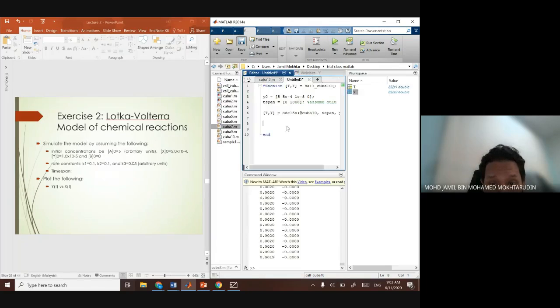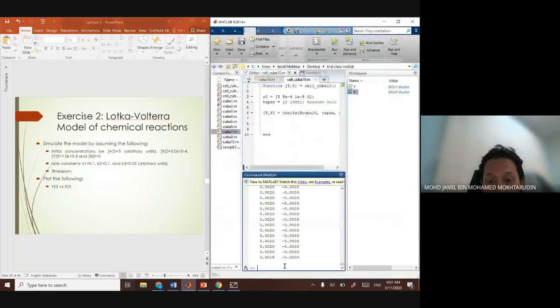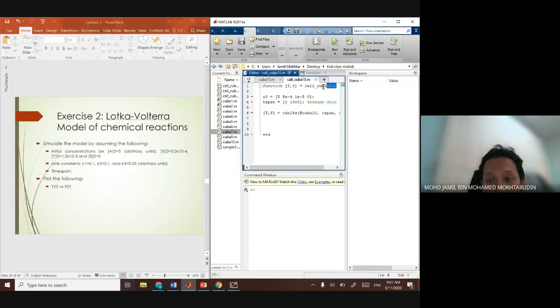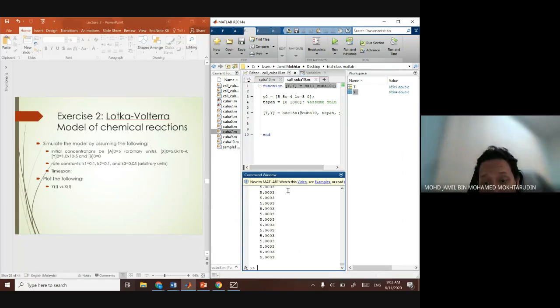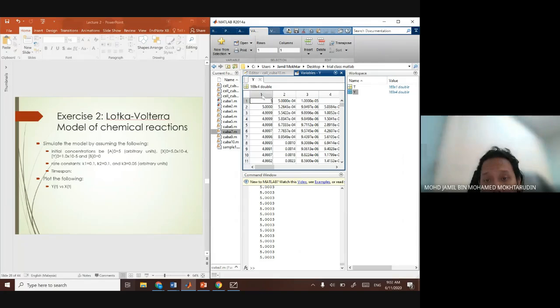Save. And then we can try tengok betul tak. Okay, so you get 4 columns of Y, okay. So this is Y1, Y2, Y3, and Y4.